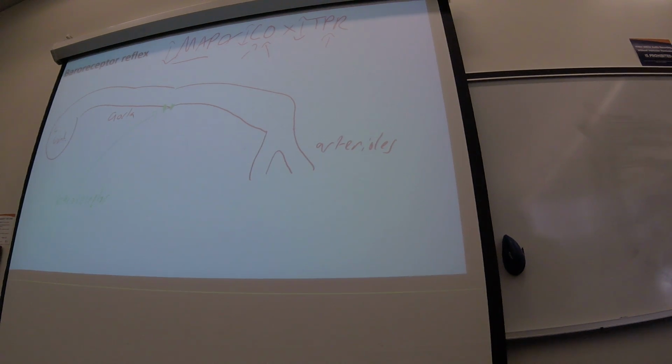So in this scenario, let's say this particular arteriole, we'll say there is some local control occurring here, and it's going to constrict the arteriole.